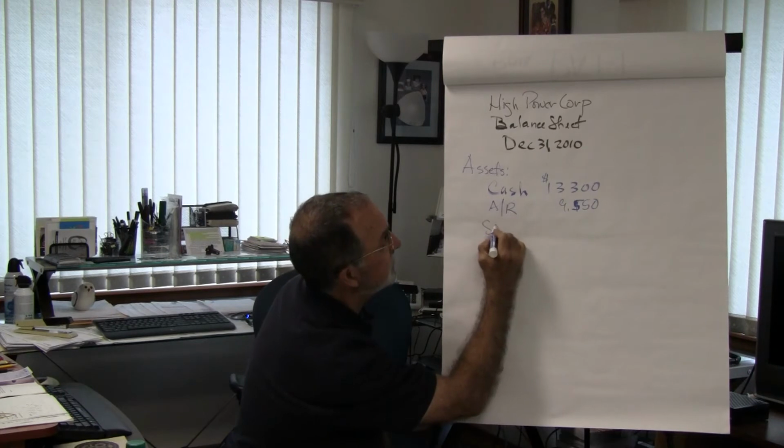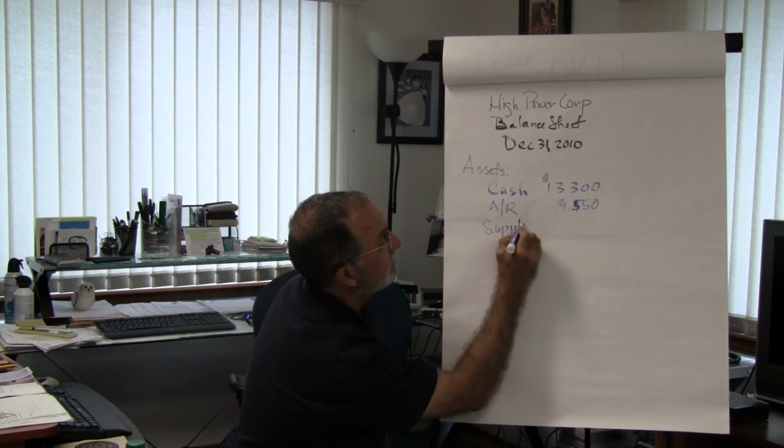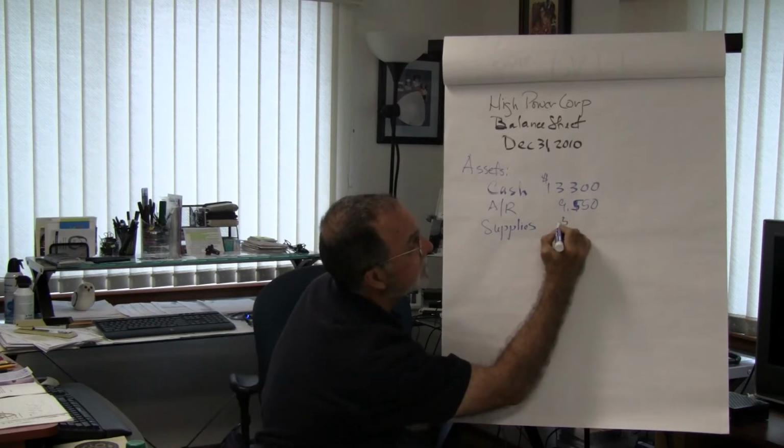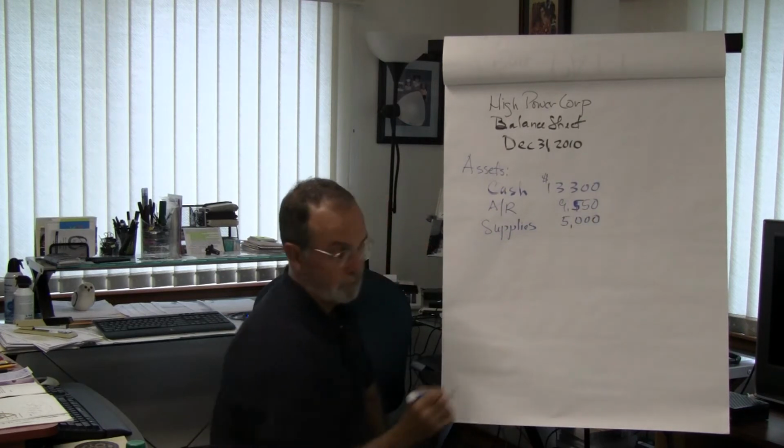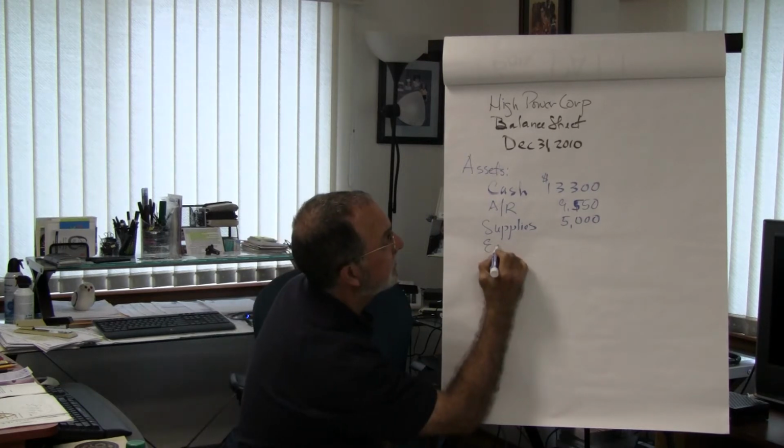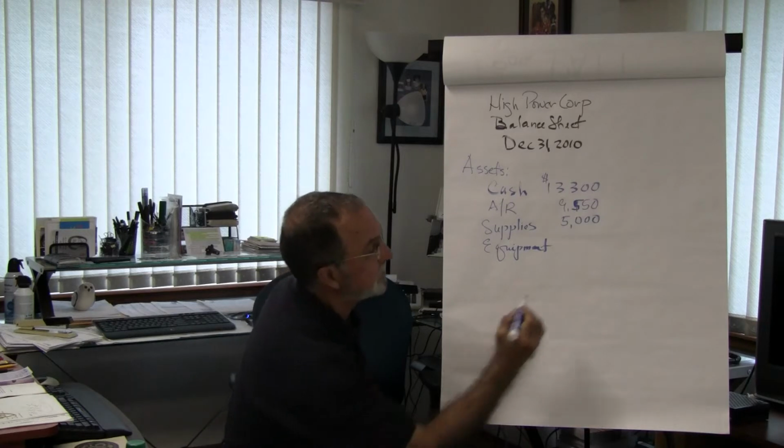We have supplies of $5,000. And the last asset shown is our equipment. That balance total is $86,000.